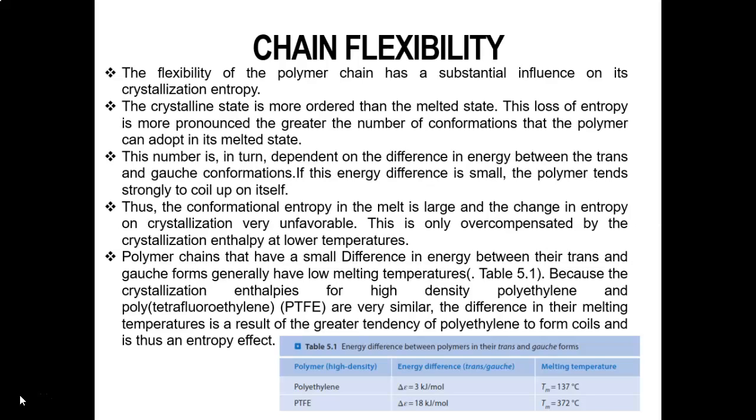This loss of entropy is more pronounced the greater the number of conformations that the polymer can adopt in its melted state. This number is in turn dependent on the difference in energy between the trans and gauche conformations. If this energy difference is small, the polymer tends strongly to coil up.